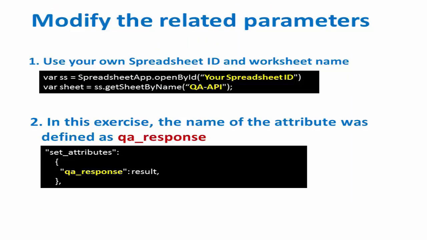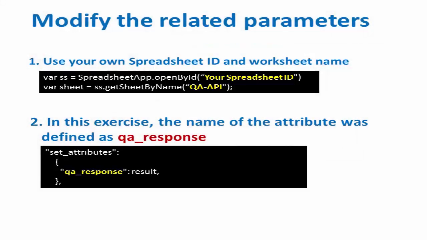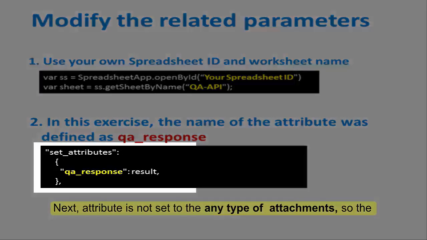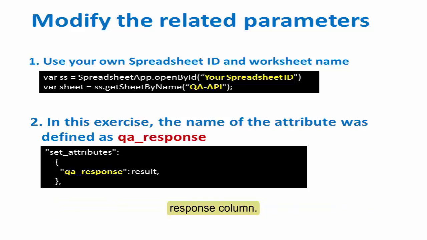First, use your own spreadsheet ID and worksheet name in the script. Next, the attribute is not set to any type of attachment, so the content of the response will be displayed directly in the Google Sheet response column.